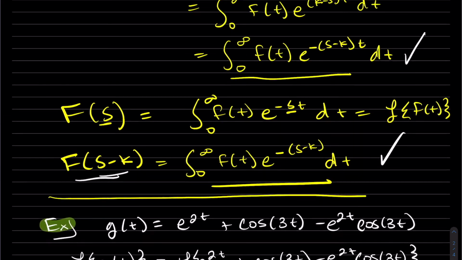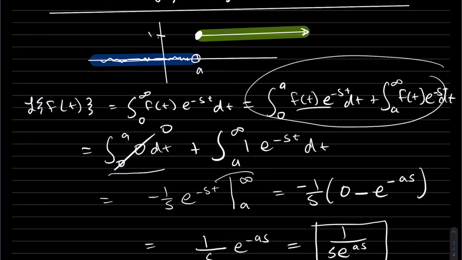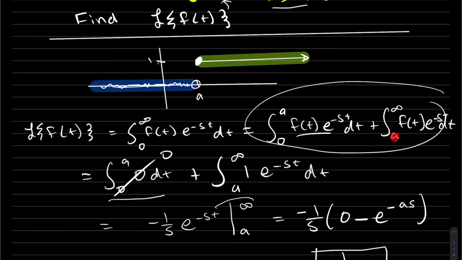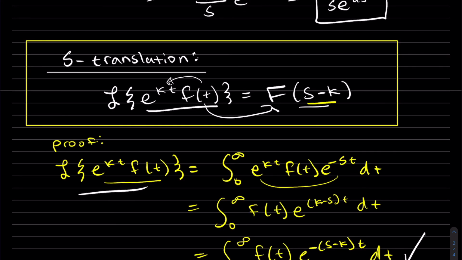Up here, when we had a, we didn't need to change it to 0 because we actually integrated it and used a instead of 0 because that's what was there. So that's the difference. If you're going to integrate, you don't need the 0 there because we've just plugged in the a. But if you're going to go backwards and use the definition, then you definitely need 0 on the bottom.